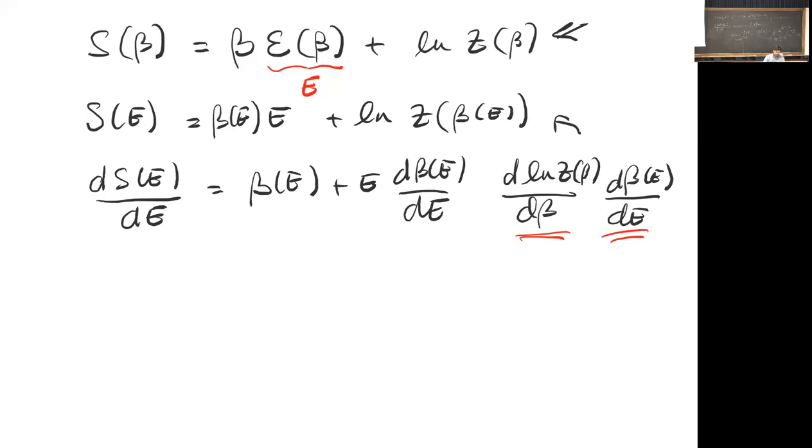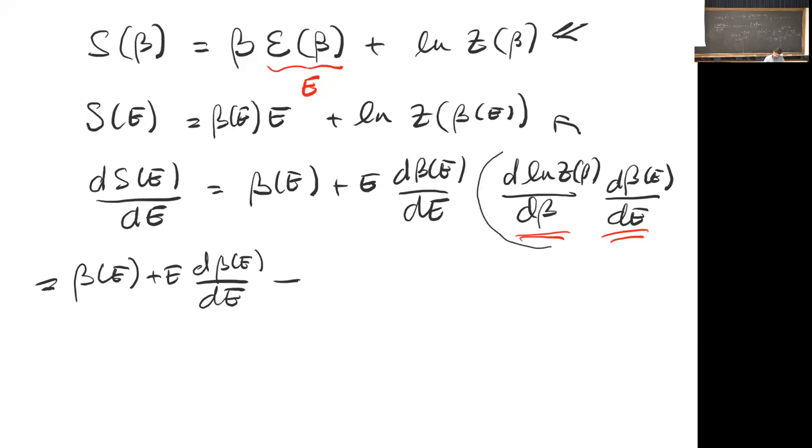All right, and this is beta of E plus E d beta of E over dE minus this thing, which is actually the internal energy, we will show it, times d beta of E over dE.